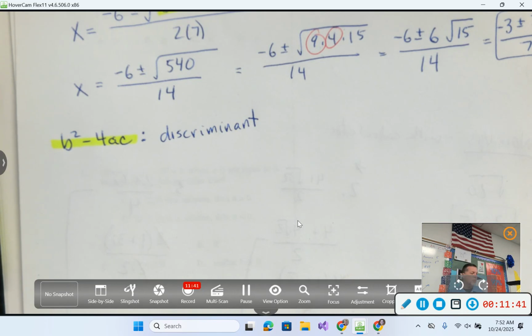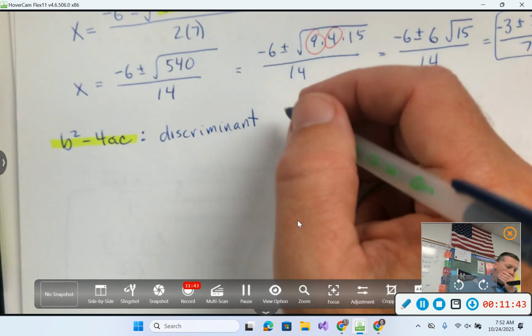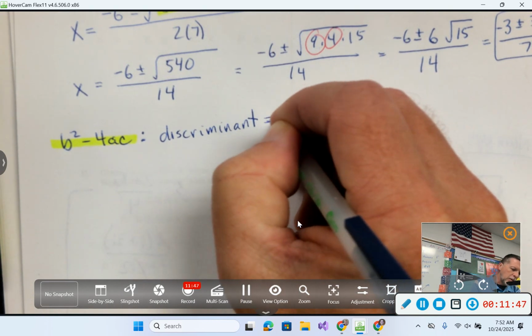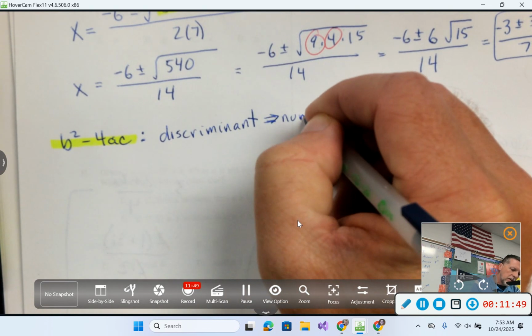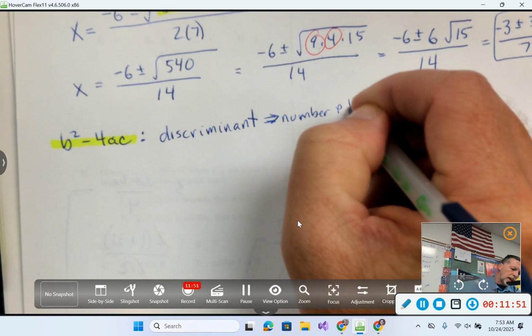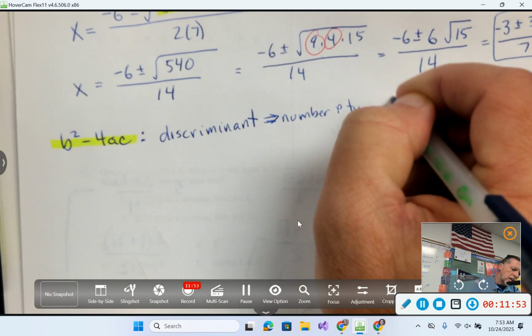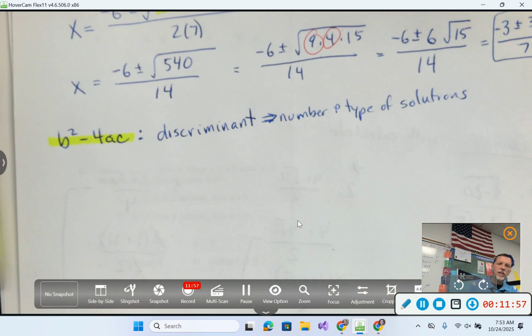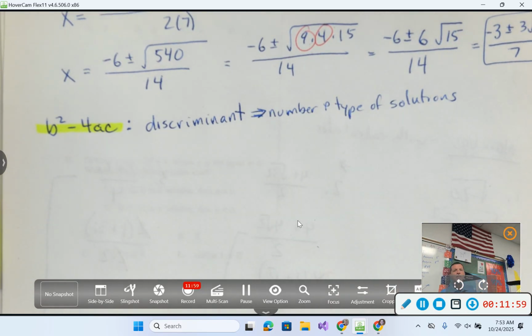Because the discriminant tells us the number and type of solutions. Well, it gives us a kind of a hint ahead of time of what our answers will look like.